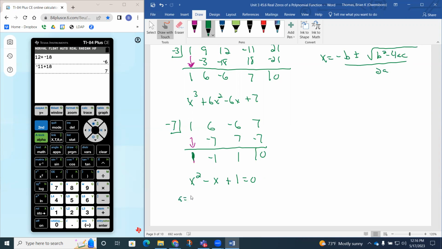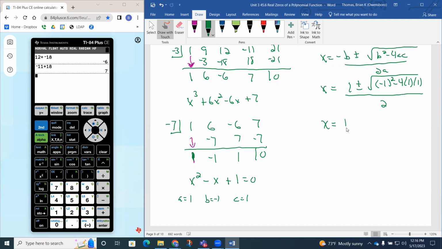So my a is equal to 1, my b is equal to a negative 1, and my c is a positive 1. So x equals the opposite of b, so the opposite of a negative 1 is a positive 1, plus or minus, then in the parentheses, I have a negative 1 squared. I need to put that in parentheses, minus 4 times a, which was 1, times c, which is 1. And this is going to be all over 2 times a. 2 times 1 would be 2.